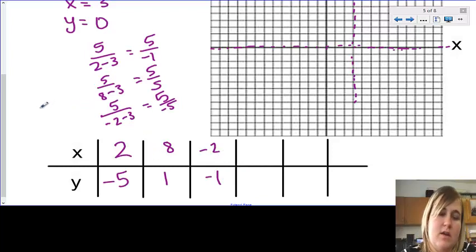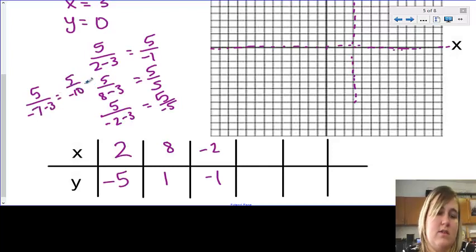We could do 5 over, and to get this to be a 10, I would do negative 7. So I would have 5 over negative 10, giving me negative 1/2. So this was negative 7, and this is negative 1/2.